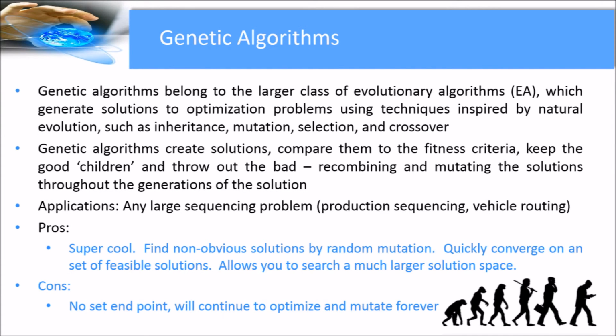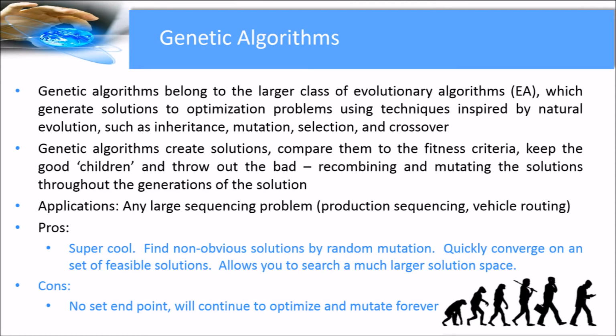And the last method I'm going to talk about is genetic algorithms. So genetic algorithms are super cool and sexy. So think of Darwin's theory of survival of the fittest. A genetic algorithm randomly selects solutions from a broad solution space and tests them against a fitness criteria. The strong solutions survive, and the weaker ones get killed off. The algorithm will continue to mutate and try different combinations until you turn it off.